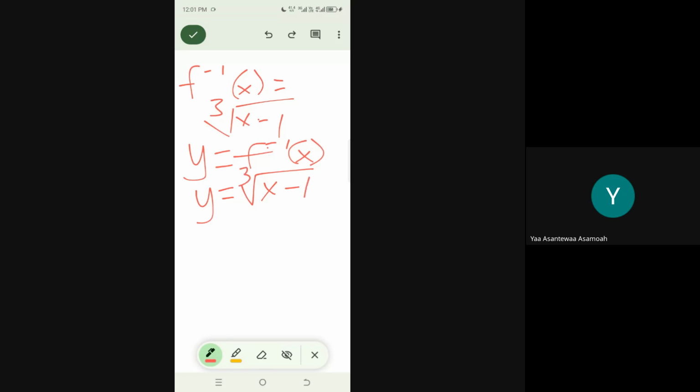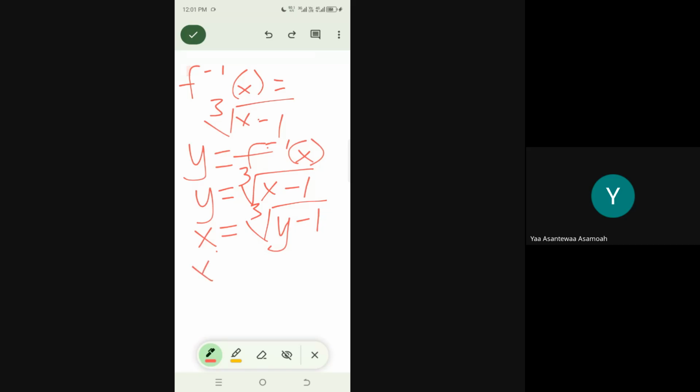I said that if you want to find the inverse, you interchange the positions of x and y. So wherever you see y, you put x there, and wherever you see x, you put y there. And then we want to make y the subject.